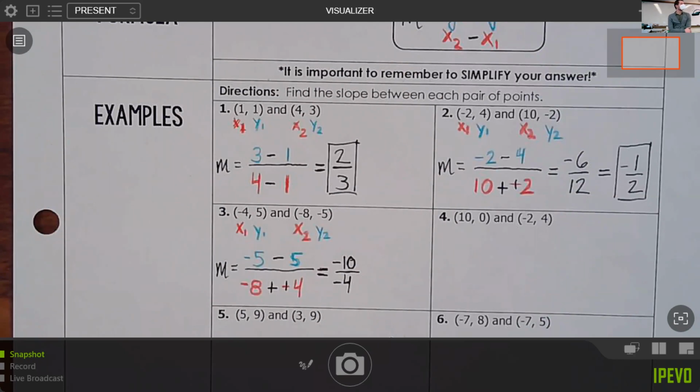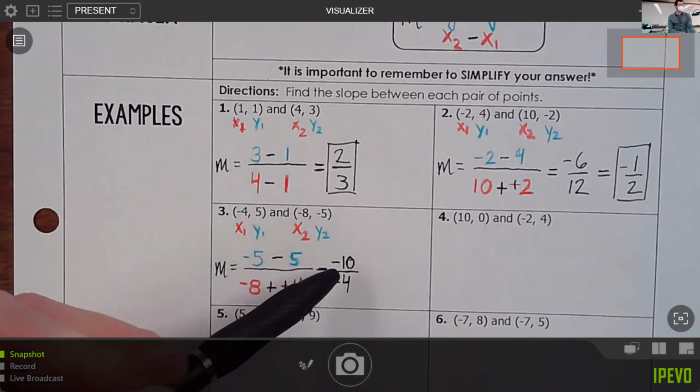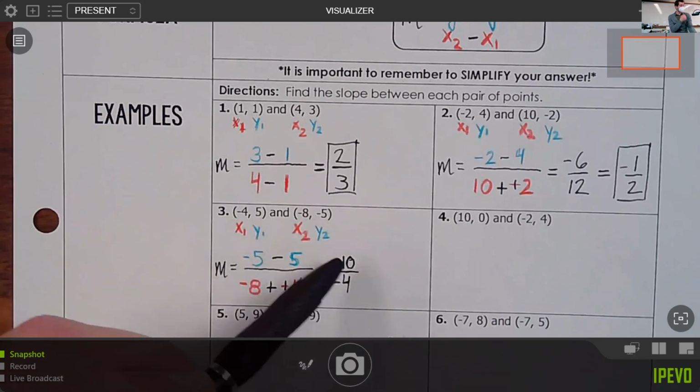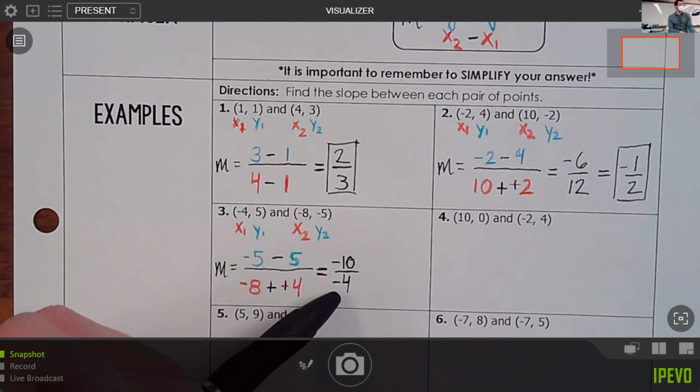Mathematically, there's no difference between a fraction and division. Dividing and a fraction are the same thing. So I want you to think about this for a second. A negative number divided by a negative number is always a what? It's always a positive number. So if you have a negative on your numerator and your denominator, this fraction is actually a positive fraction.